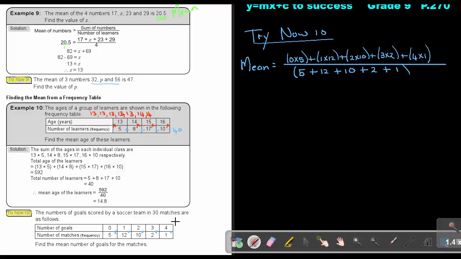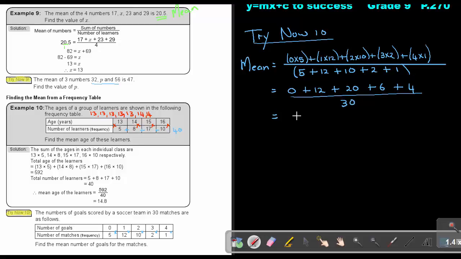So it's actually the second row, which is the total frequency. Now if you multiply that, you are just going to say this will be 0 plus 12 plus 20 plus 6 plus 4, and I'm going to divide it by the total frequency, and that will be 30.